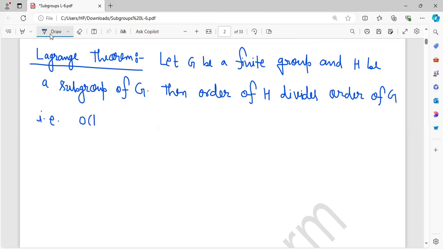It means the order of H divides the order of G. So let's see its proof.